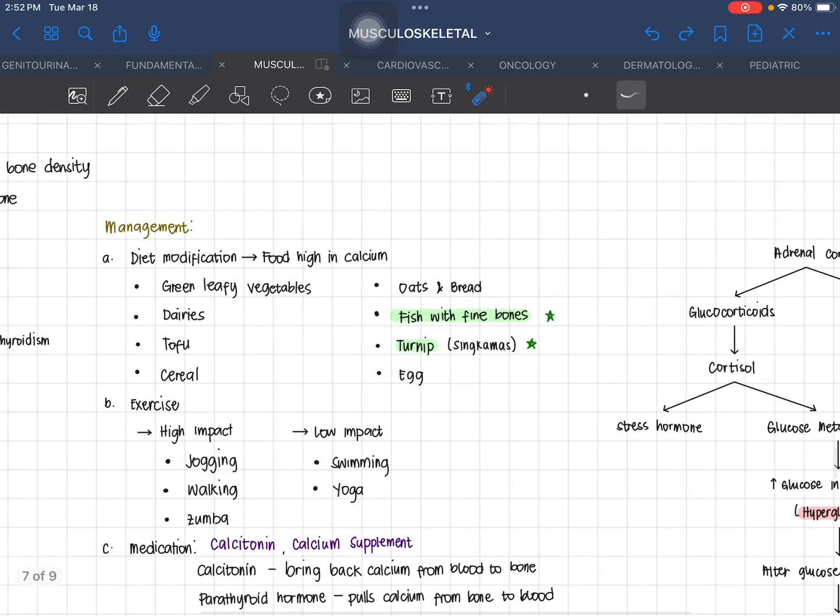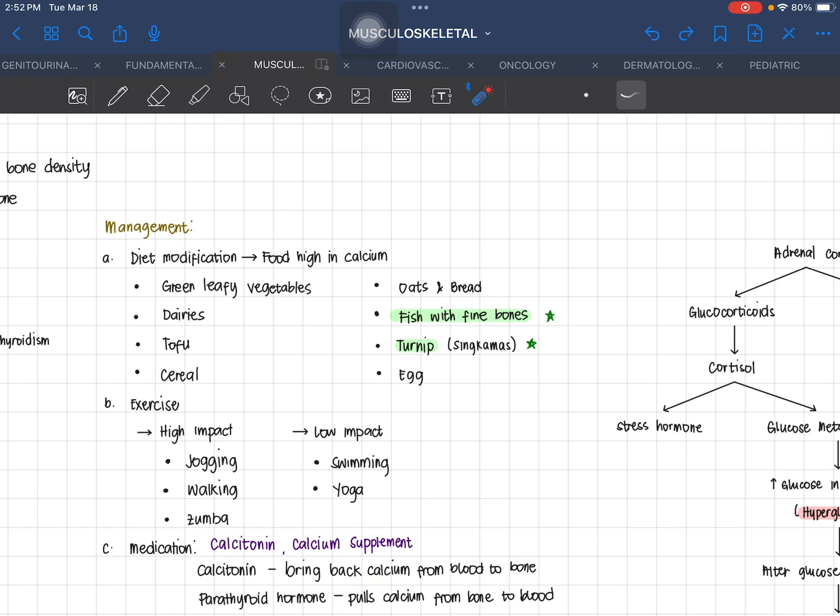So, ang management natin dito, of course, is to increase the calcium sa bone. So, dapat yung calcium intake natin na food is yung mga green leafy vegetables, egg, dairies, tofu, cereal, oats, bread.